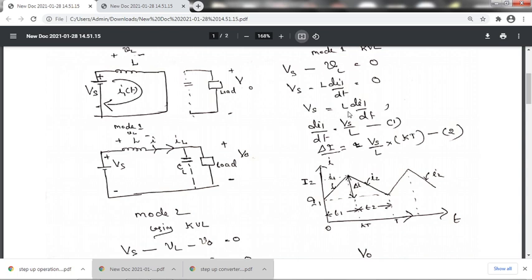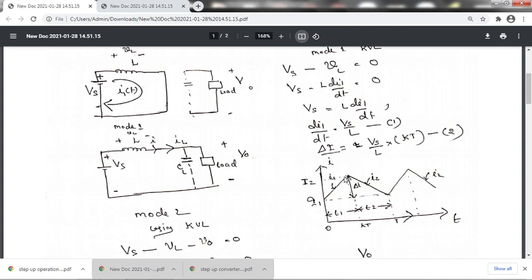So di1 by dt is Vs by L. If you call the change in current I2 minus I1 as delta I, then delta I is Vs by L as usual, into dt, the time from here to here, which is kT minus 0, that is kT.